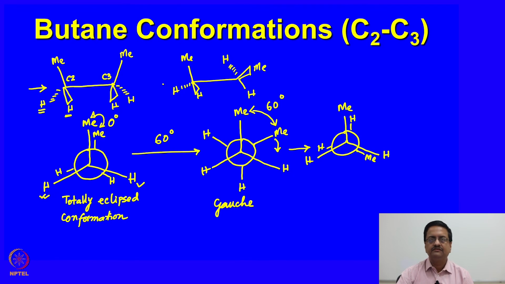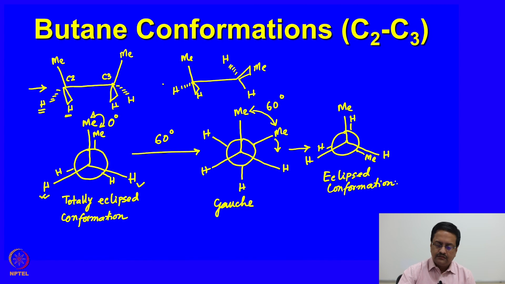Unlike the first one, which was totally eclipsed conformation, this is partially eclipsed conformation, or we can call it a simple eclipsed conformation. So here the angle between the two methyl groups is now 120 degree.